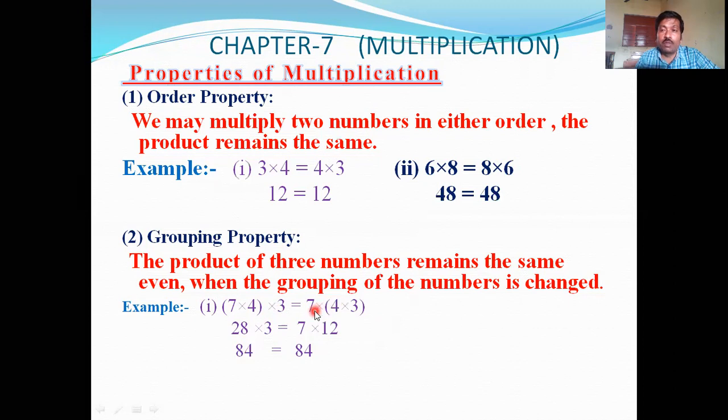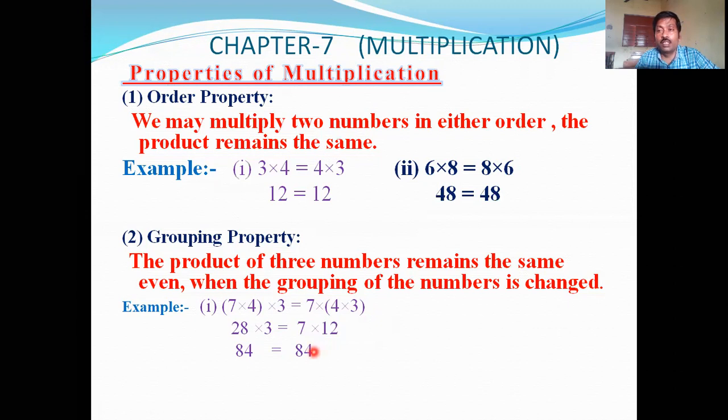Now, when we make the group 4 into 3 and multiply it first, according to simplification, that means the BODMAS rules, we will solve what comes in the bracket. 4 into 3, we get 12. And when we multiply 7 into 12, we get 84.